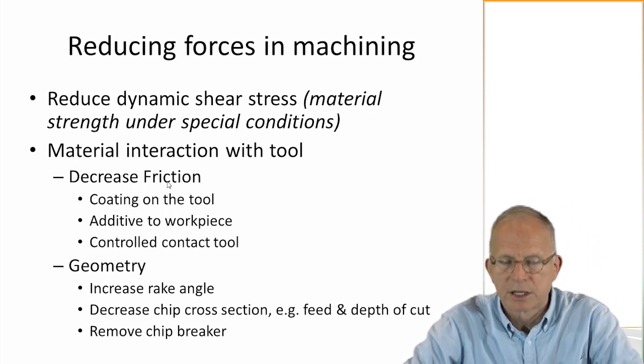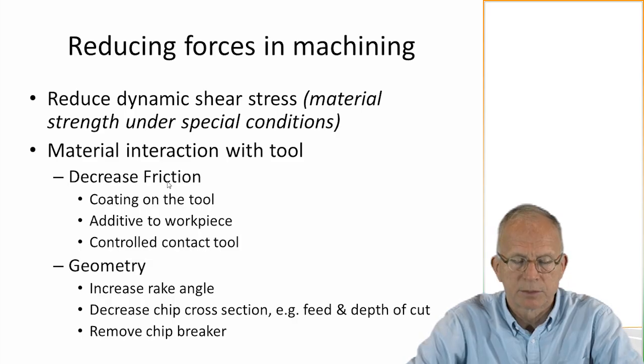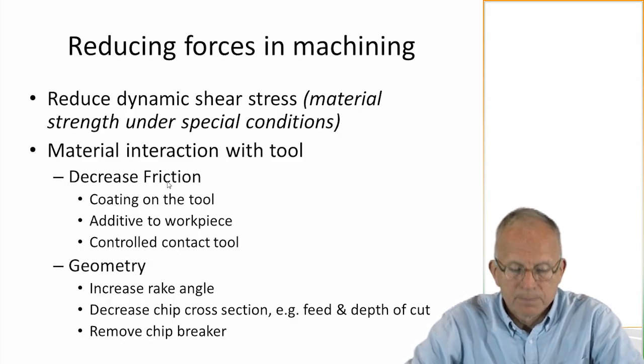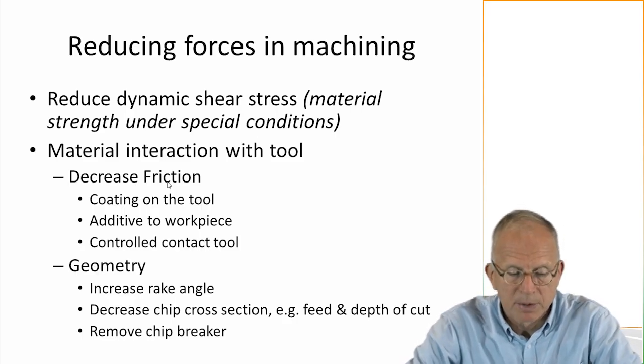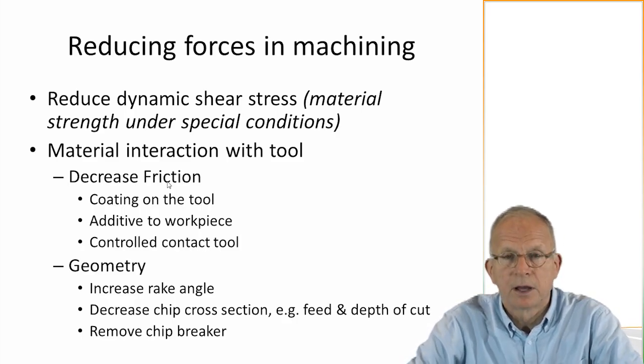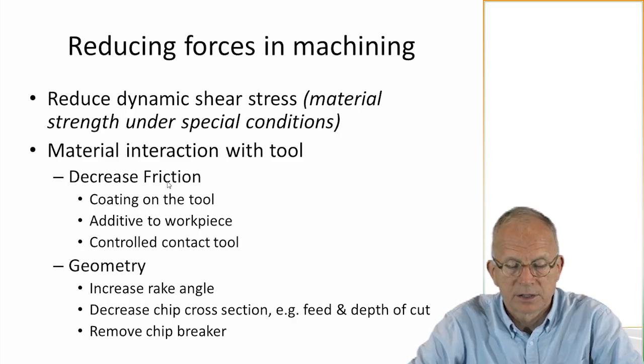So the friction is not ordinary kind of coulomb friction, but involves actually some welding. But this can be reduced nonetheless by coating on the tool, additives to the workpiece, although again this involves some coupling with the workpiece strength.